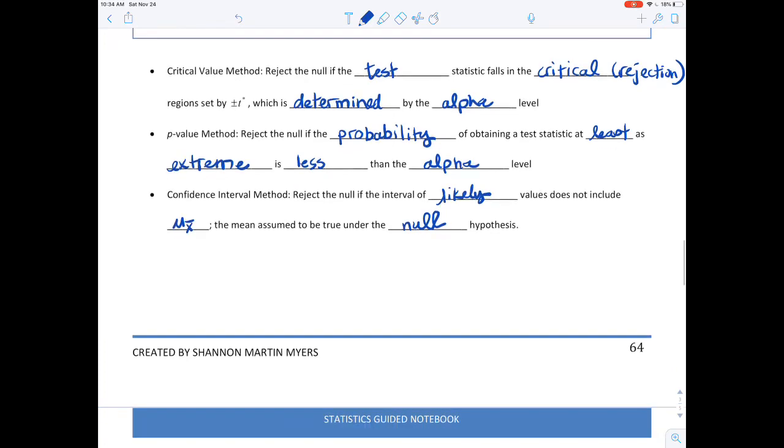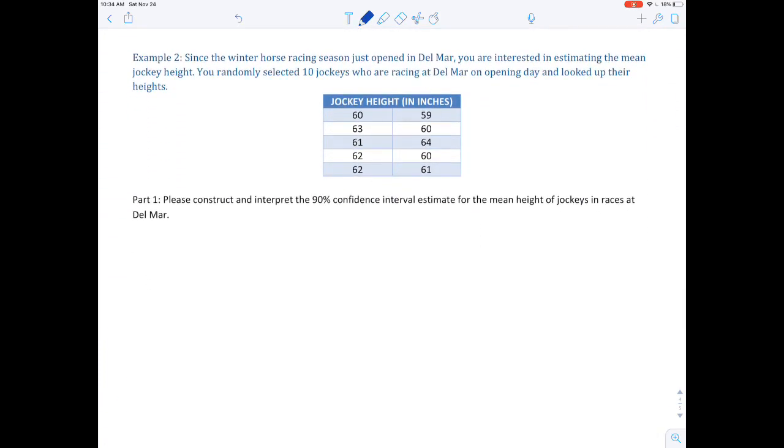Cool? All right, so let's look at an example, and we'll be using the TI-84 to calculate this. Again, I'll construct and interpret the 90% confidence interval estimate for the mean height of the jockeys by hand, sort of, by getting the summary stats. And then I'll also show you how to use the calculator to directly go to your confidence interval estimate.